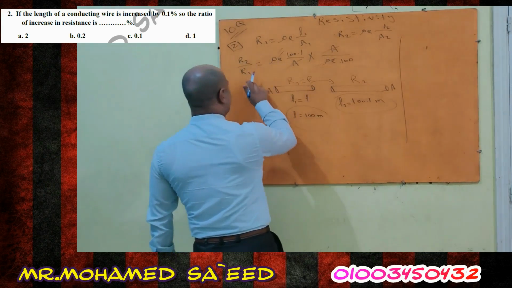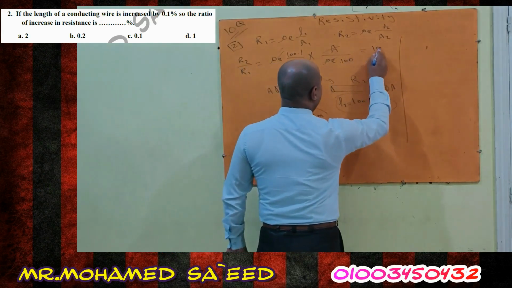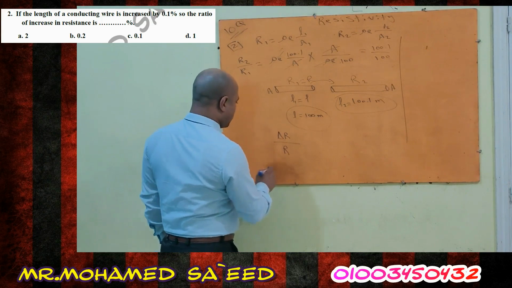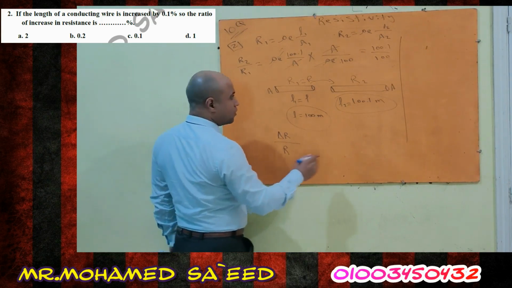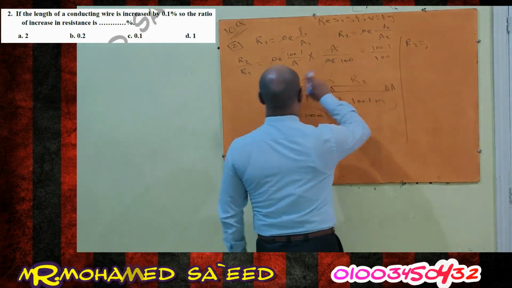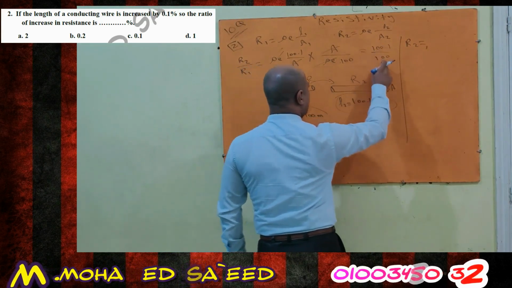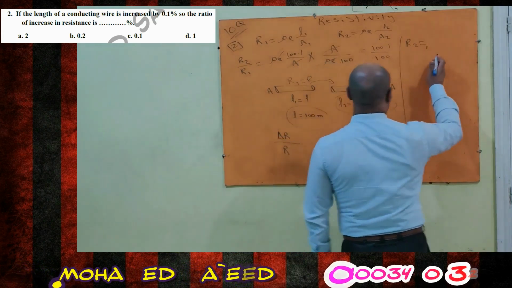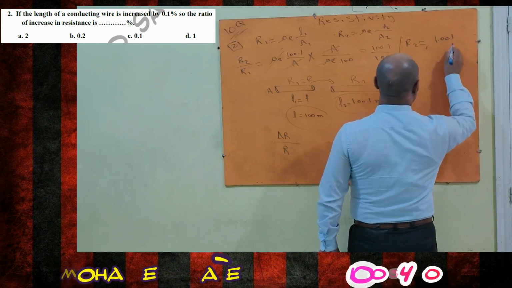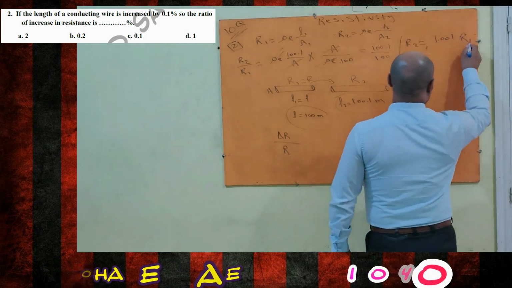So R2 over R1 equals 100.1 over 100. So R2 equals 100.1 over 100 times R1, so 1.001 R1.